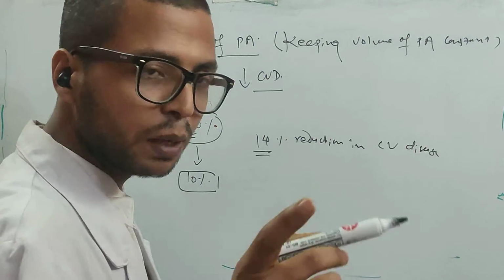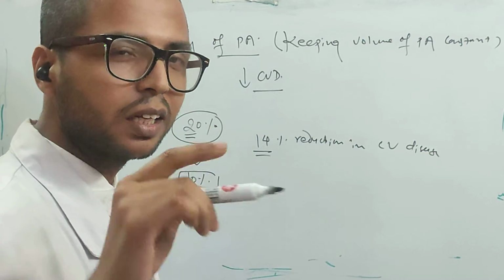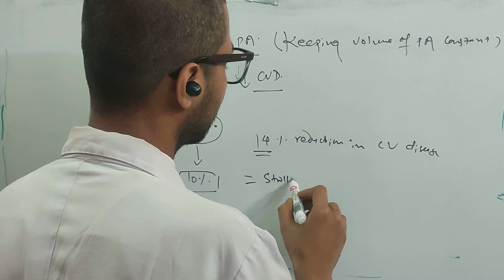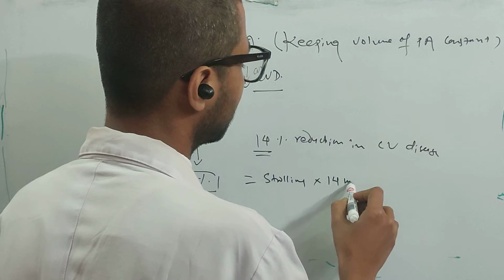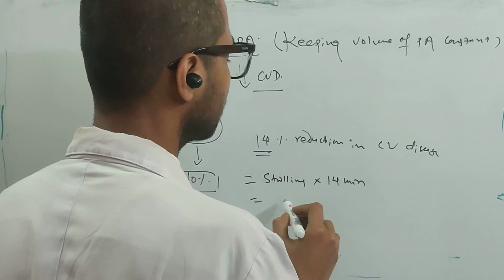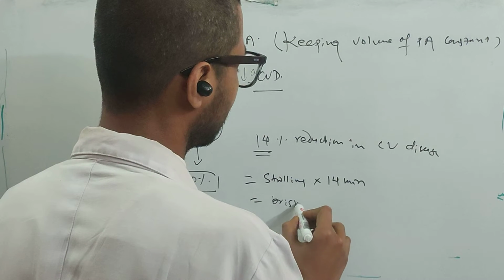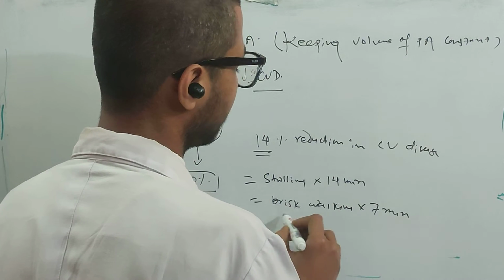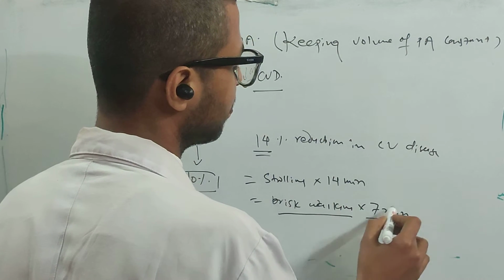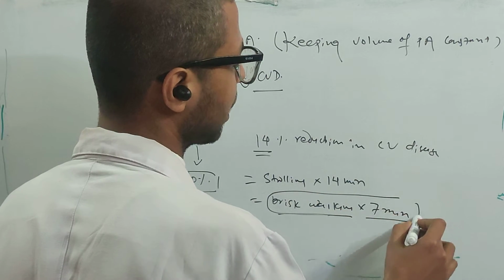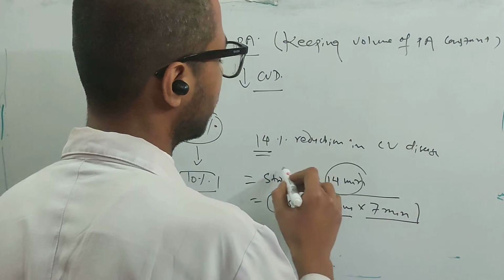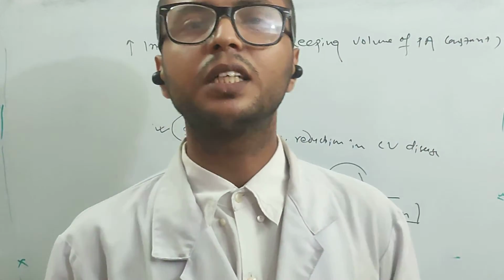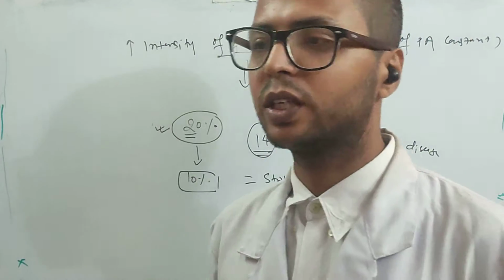And they have cited the same example that I cited in the beginning of this lecture: strolling for 14 minutes and brisk walking for 7 minutes. So participants who did brisk walking for only 7 minutes, half the total duration of strolling, had a 14% reduction in risk of cardiovascular disease. Okay.